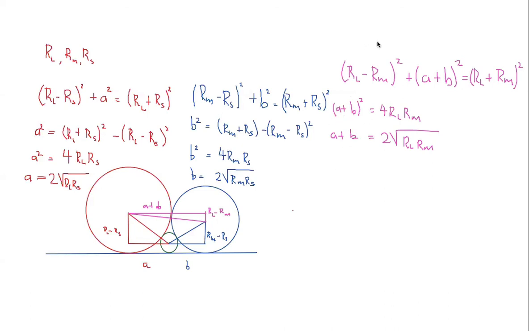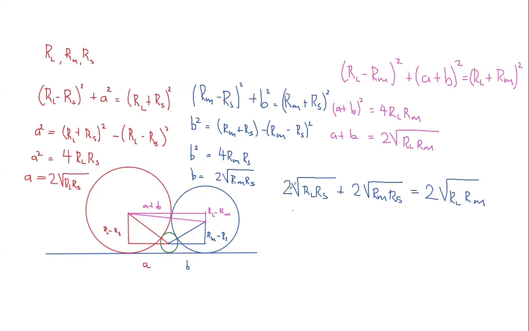So that finally gives us 2 root RL RS plus 2 root RM RS is equal to 2 root RL RM.